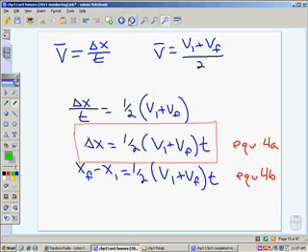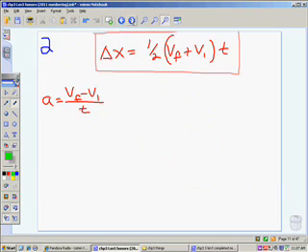We're going to move on to box number 2, and we're going to start off with this equation right here. You don't have to rewrite it, but just keep that in mind. Okay, in box number 2, we're going to start off with this acceleration equaling the final velocity minus the initial velocity divided by time. We had that from a previous lesson. And we're going to multiply both sides by t in order to move that over to the other side.